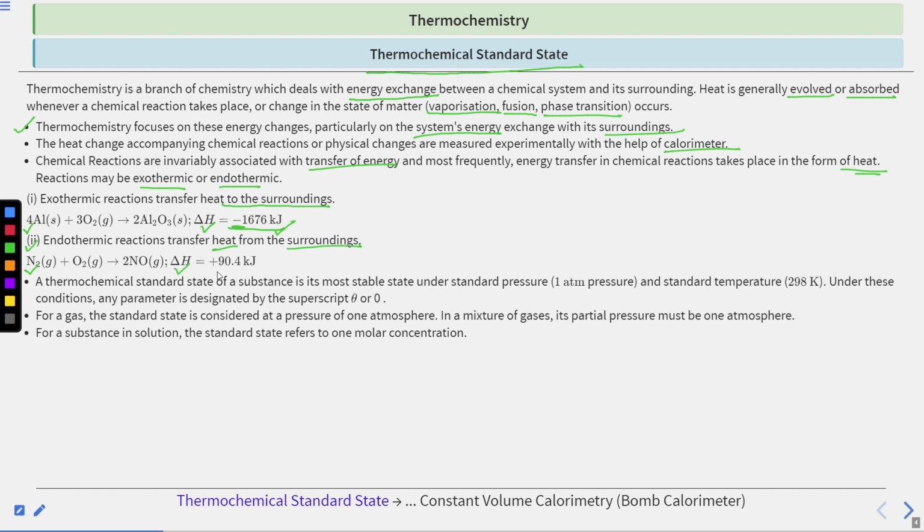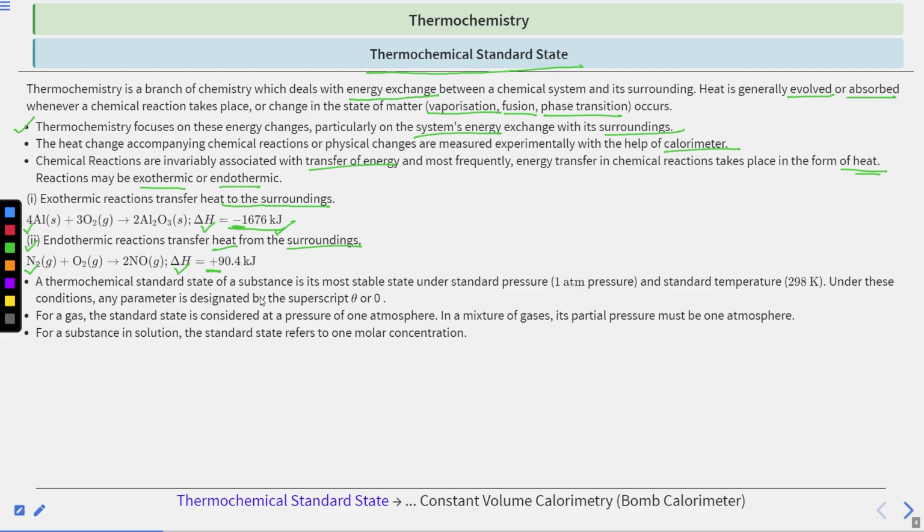So delta H is plus 90.4 kilojoule. Note that delta H is positive here. So in exothermic reactions delta H is negative, and in endothermic reactions delta H is positive.